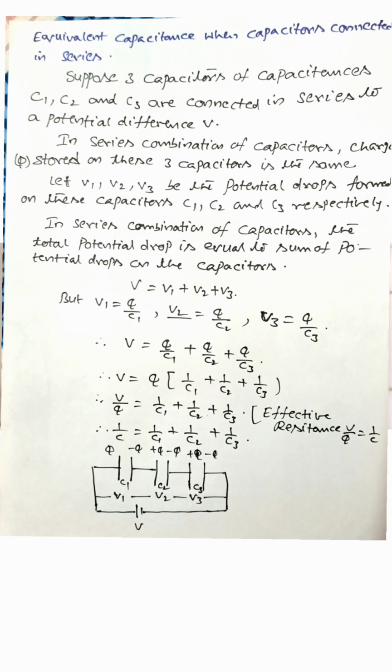So what is the factor that changes here? Potential differences. Let V1, V2 and V3 be the potential drops formed on the three capacitors C1, C2, C3 respectively.